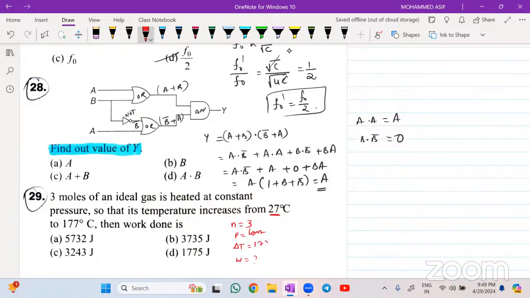So delta T will be equal to 177 minus 27. Clear? So work done will be equal to how much? Pressure into change in volume, or that value I can write as nR into delta T. Number of moles is 3. R value is equal to 8.3 into temperature. Temperature is 177 minus 27. That will give me the answer. I hope you can do the calculation.